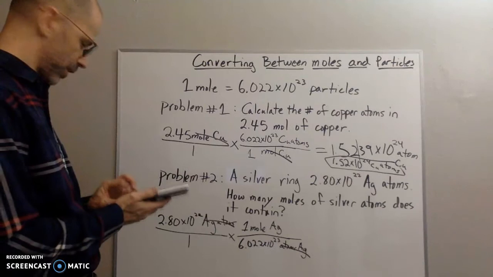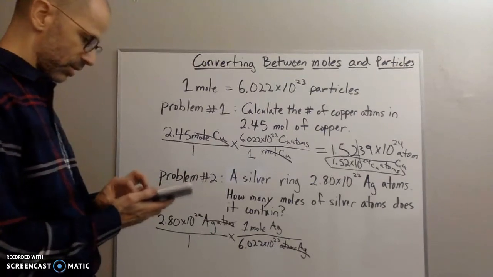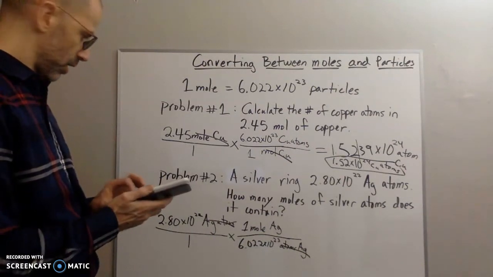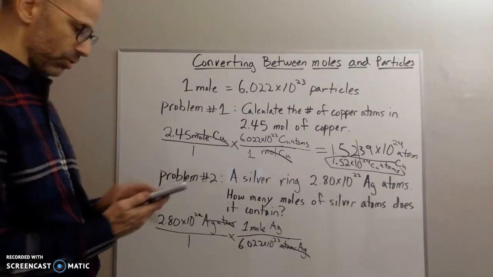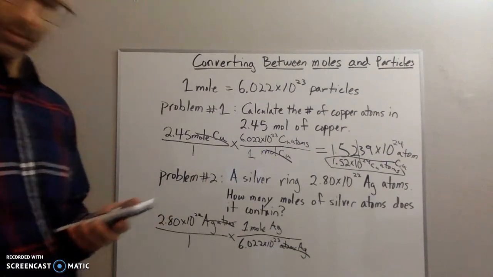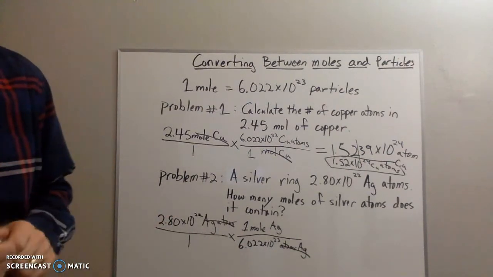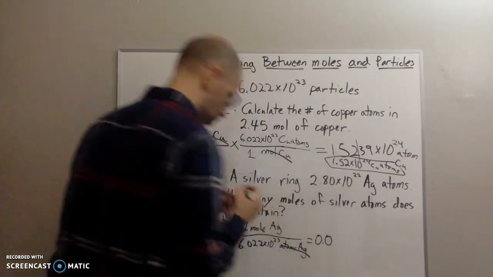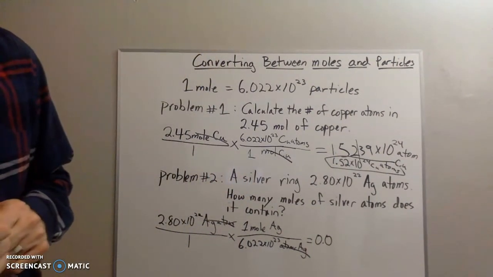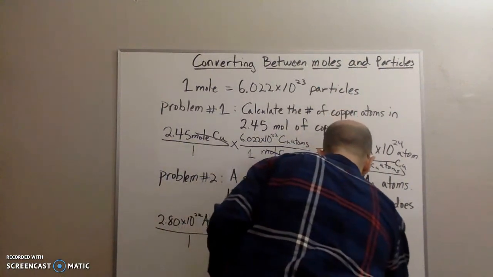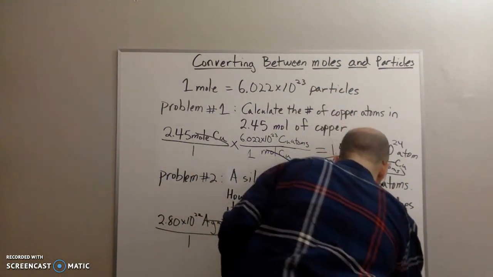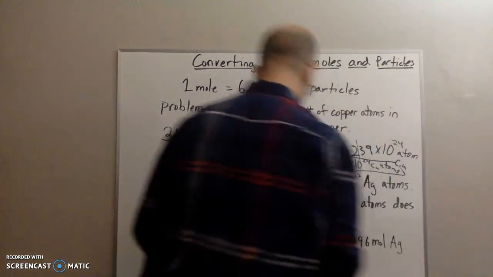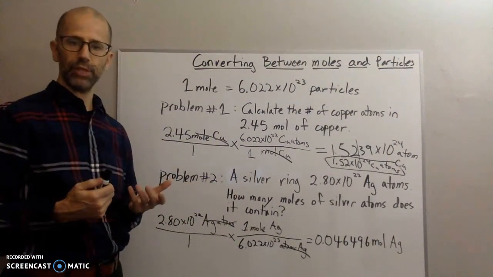So I take 2.80 times 10 to the 22nd divided by 6.022 times 10 to the 23rd equals, and I get that's going to be equal to 0.046496 moles of silver. Now, once again, I have to check my significant figures.